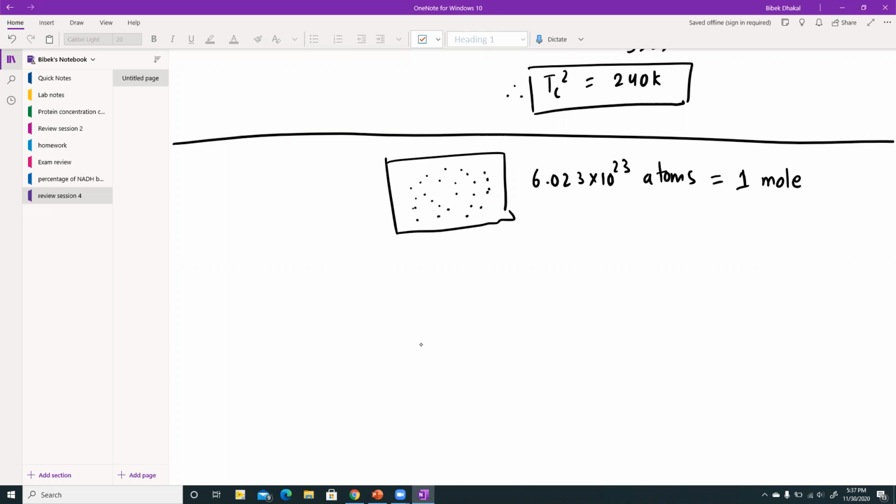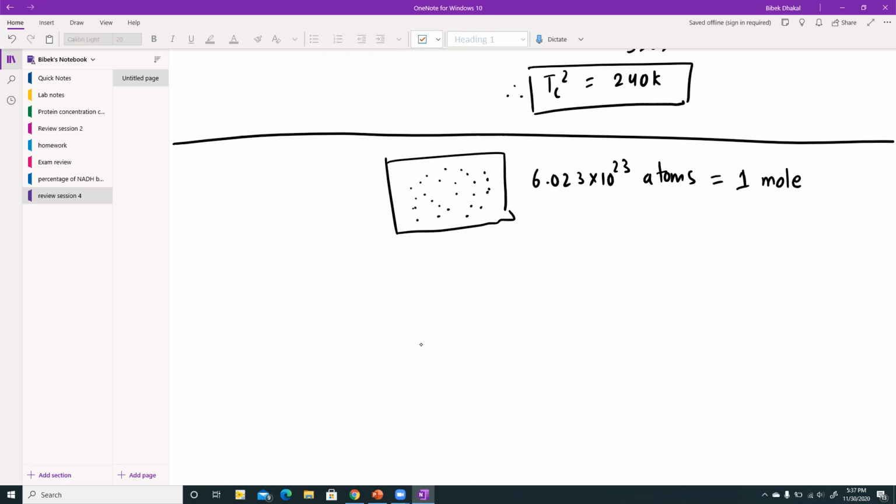This is at standard temperature and pressure. So this number is true only at a standard temperature and pressure.